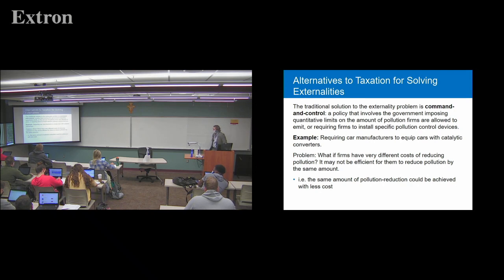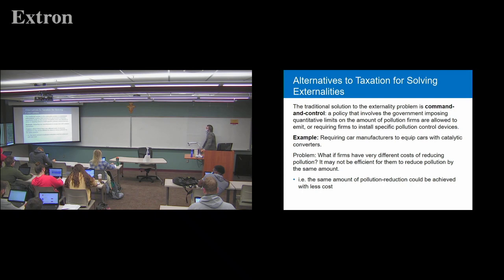So there are problems. What if there are several firms across the country? Let's say there are all these utilities across the country generating electricity, but each one has very different costs of reducing pollution. Some use very clean methods, very clean fuels, so they're naturally going to produce less pollution than places that use dirty coal, or places that haven't installed scrubbers that reduce the amount of CO2 let out.